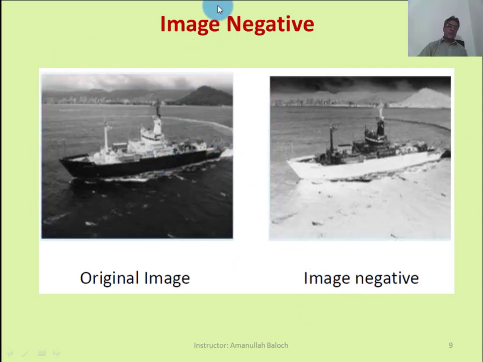Here you may see an image negative. This is an original image of a ship in the sea, and you may see the body of this ship is black, while in the negative image the body of this ship is white, because the transformation function converted these pixel values.